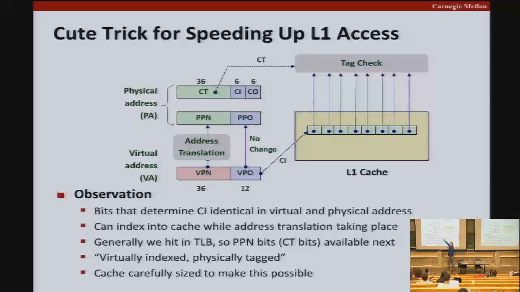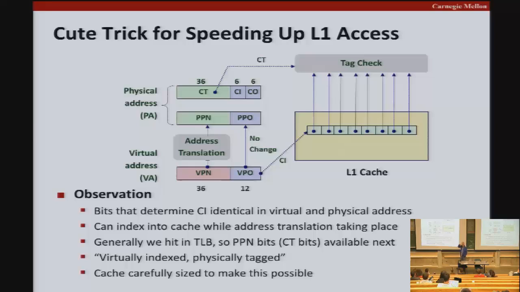And by breaking up the cache parameters such that the index and the offset are all in the virtual page offset, which doesn't change during translation, I can immediately use the cache index part of this virtual page offset to find the set in the L1 cache. Very cute trick.